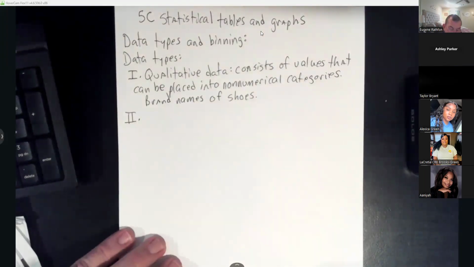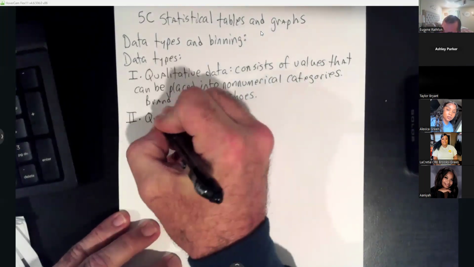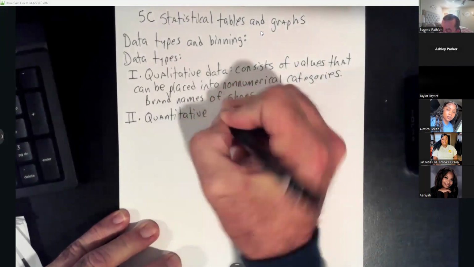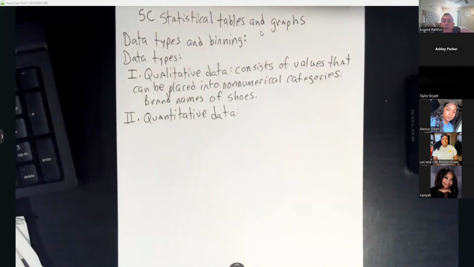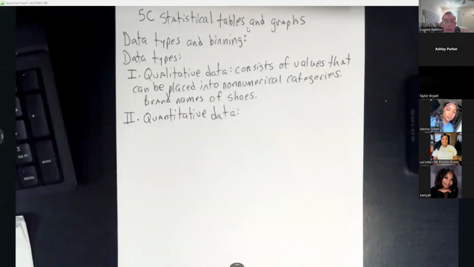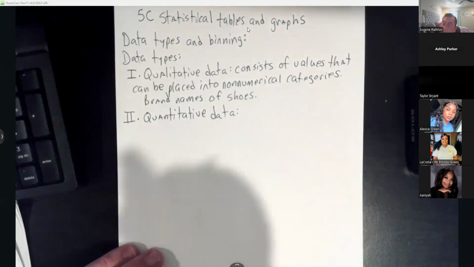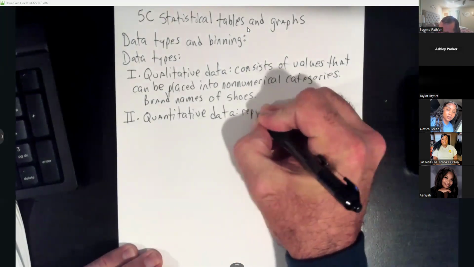The second is quantitative data. All right, so quantitative data actually represents counts or measurements.